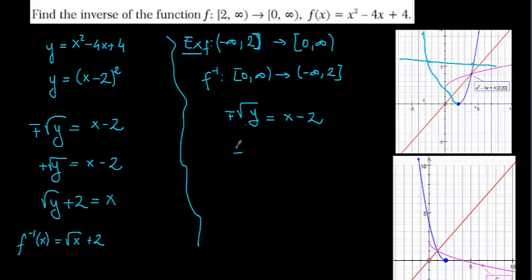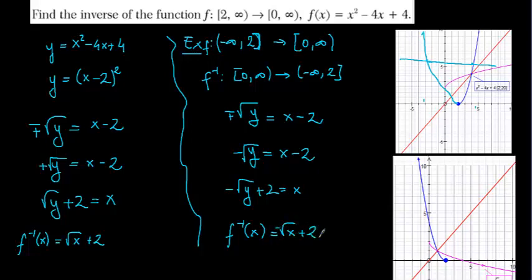It shows us the negative part, so we have to choose the negative one is equal to x minus 2. So minus root of y plus 2 is going to be equal to x, and f inverse of x is going to be equal to minus root of x plus 2. And here this is the second part. This is the graph of the second part.